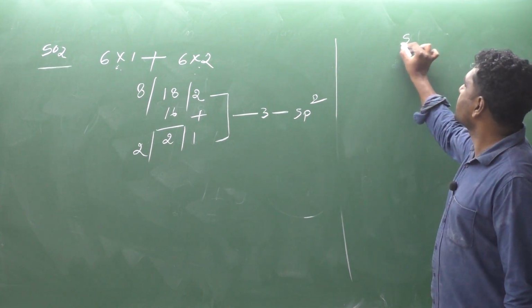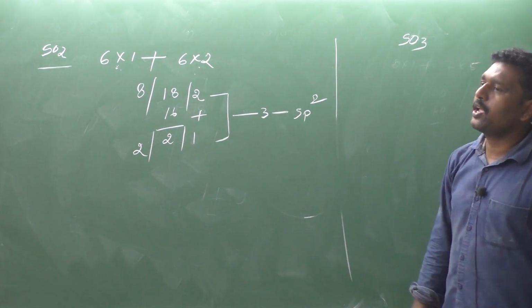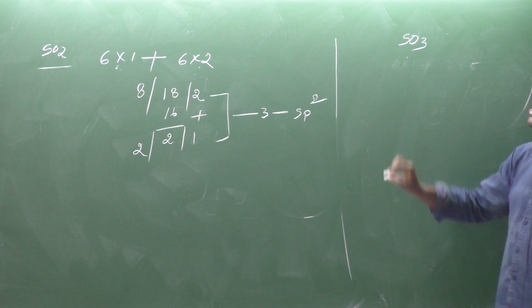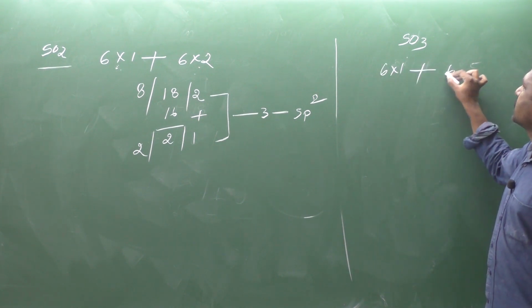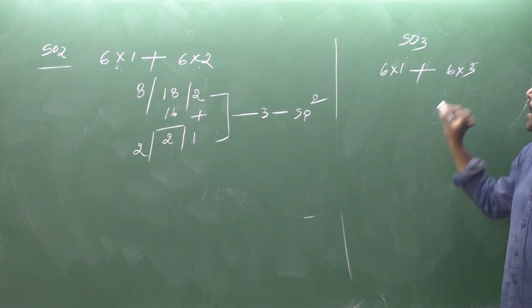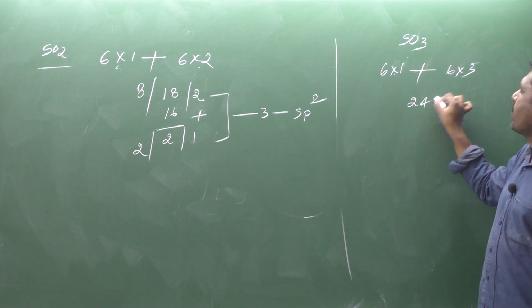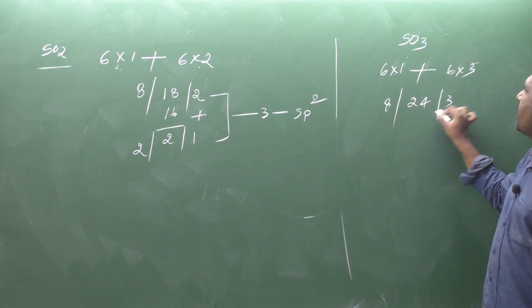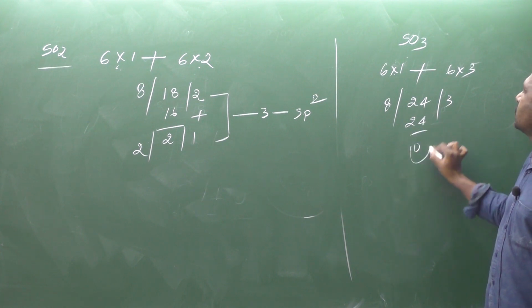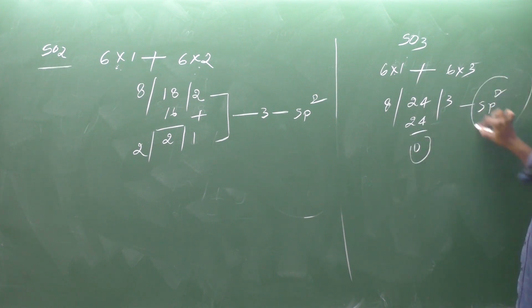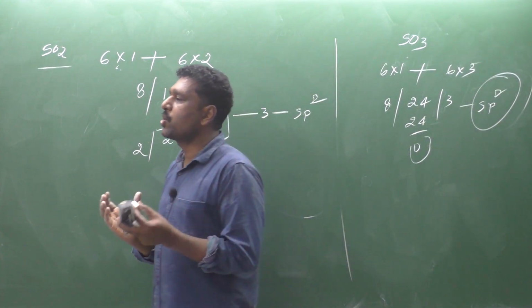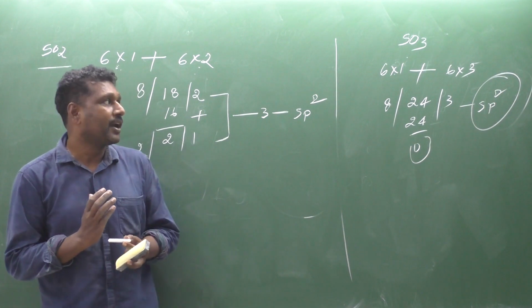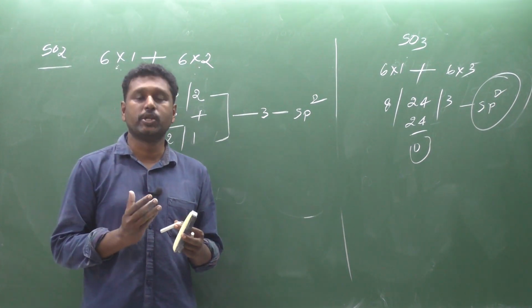In SO3, sulfur belongs to the 6A group: 6 into 1 plus 6 into 3, 18 plus 6, 24. 8, 3 times, 24, remainder 0, sp2 hybridization.